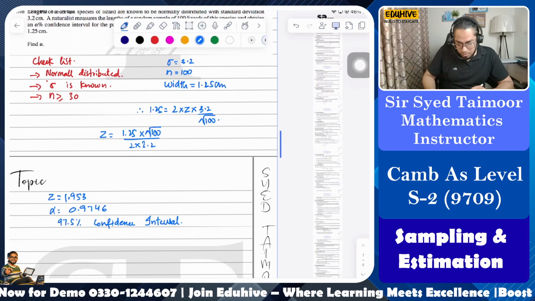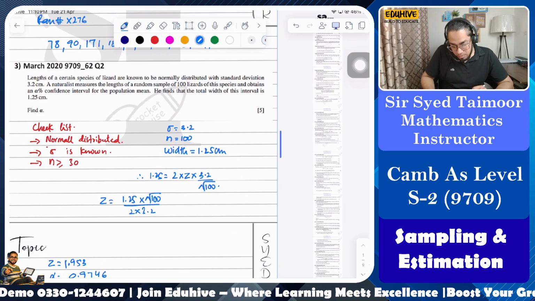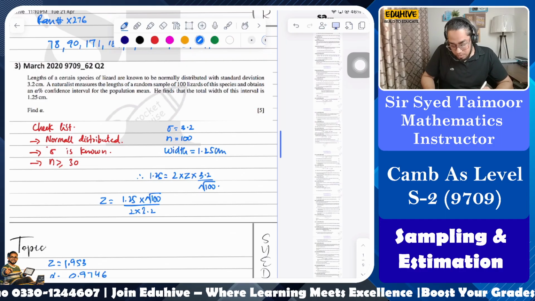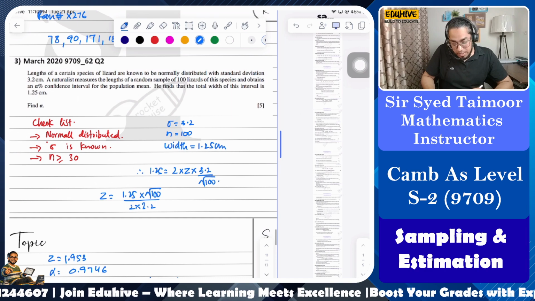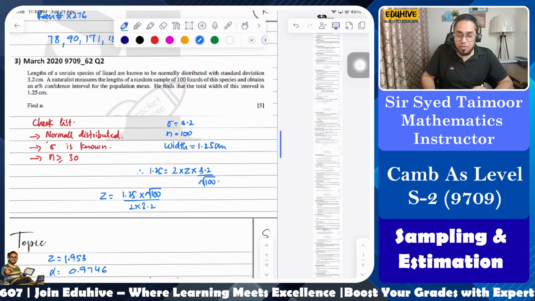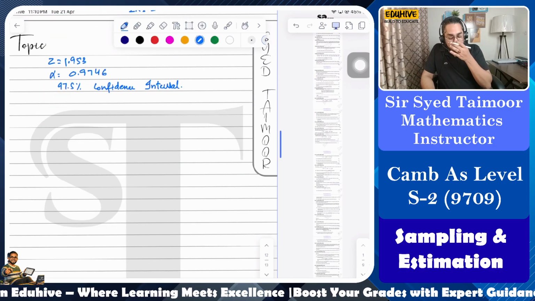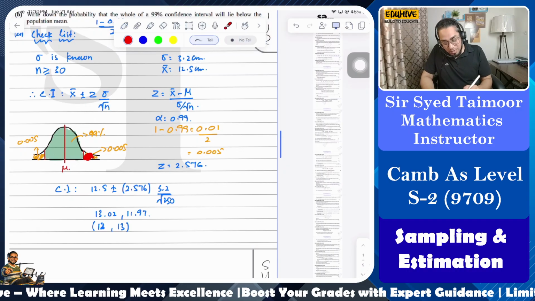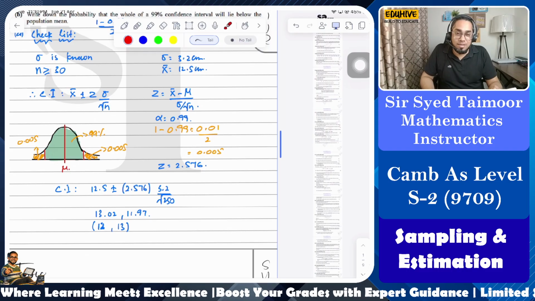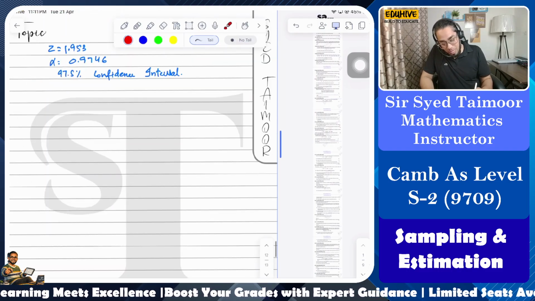1.953. Alpha is exactly, isn't it? Alpha is 1 minus 0.99. Alpha is that portion, yeah? The problem is alpha is always this one or this one. So I just calculated this thing.